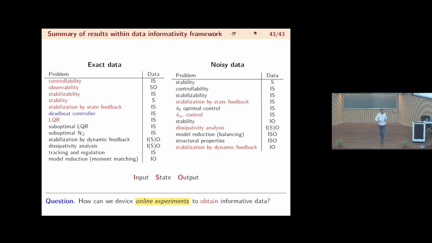To complete these results to an equally perfect theory, one needs to say how we can obtain informative data, given a problem.